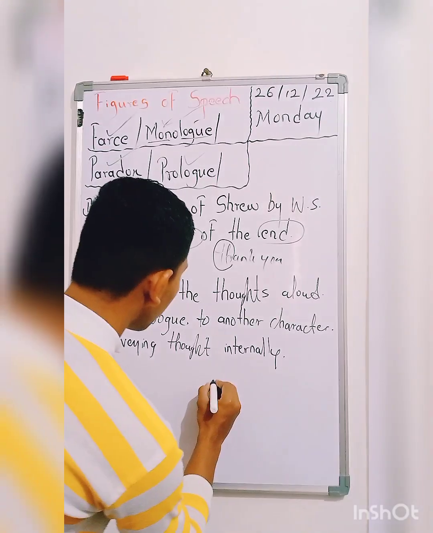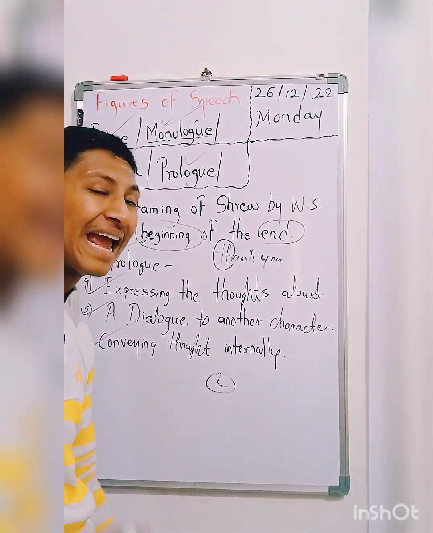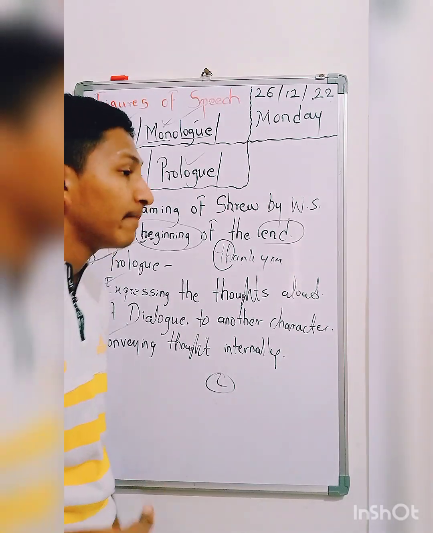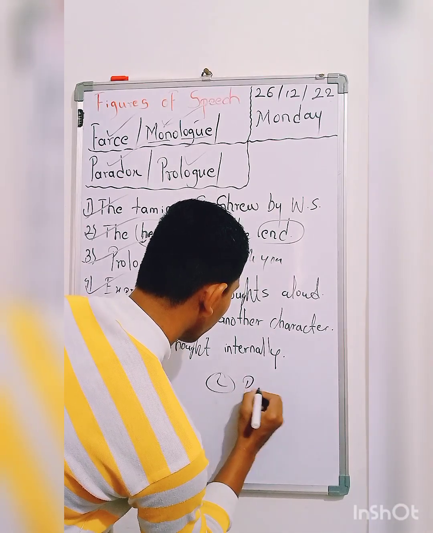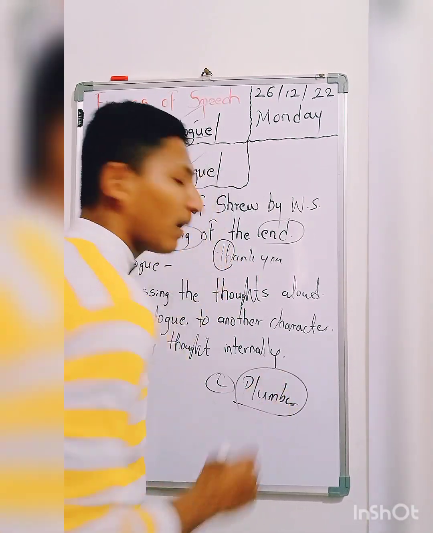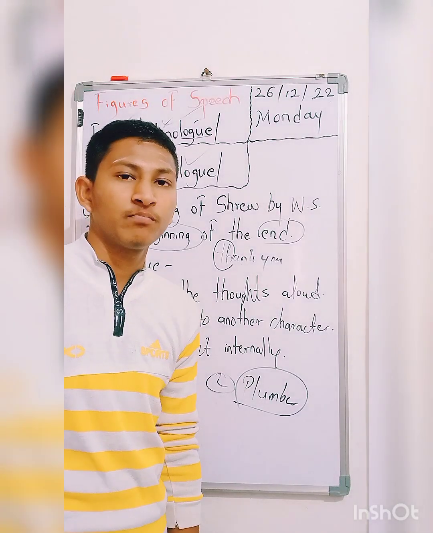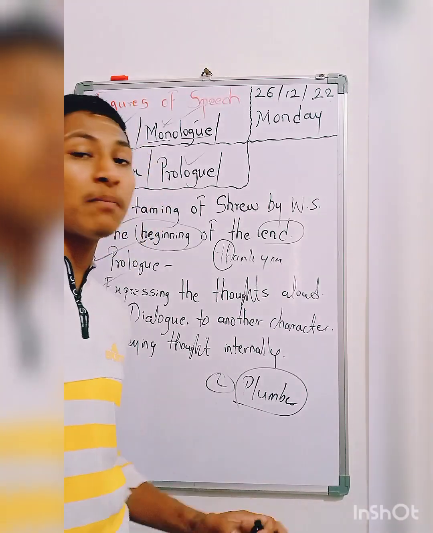Another example of phonetic language that I have to convey at the end of this video is plumber. It is not plumber, this is plumber. We are misguided as well.